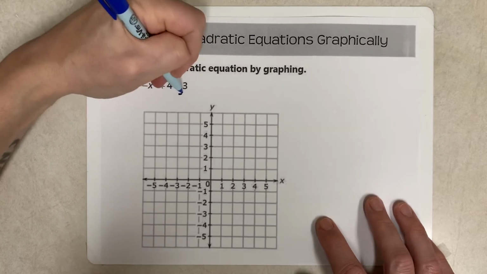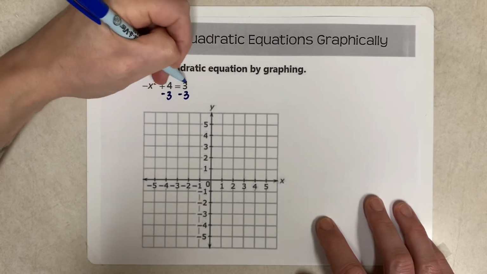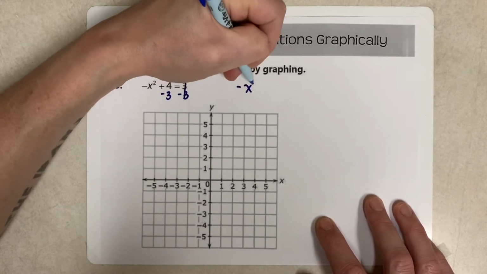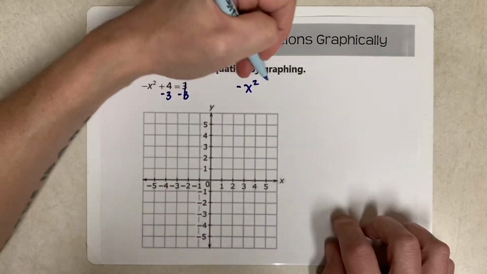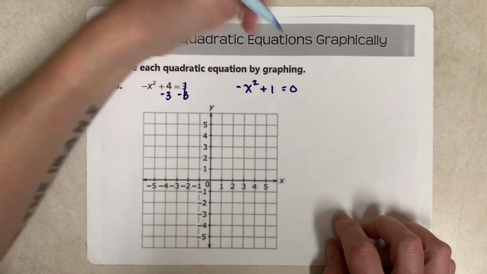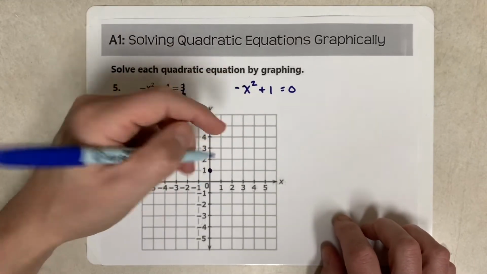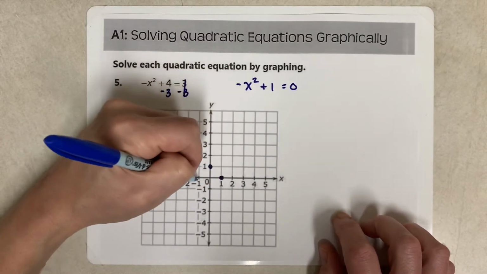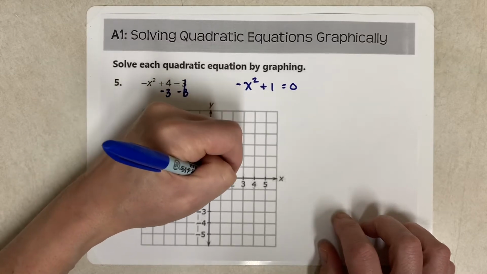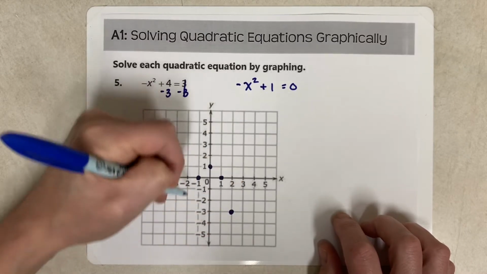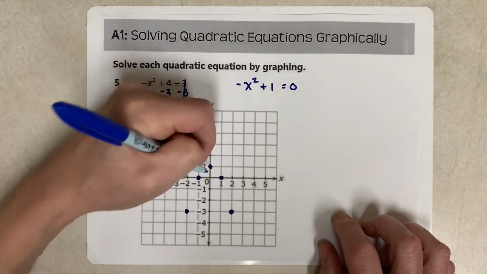If we subtract 3 from both sides, we get negative x squared, 4 minus 3 is plus 1 equals 0, which means we would shift it up 1 unit, still down. So over 1 down 1, over 2 down, 1, 2, 3, 4. That's it.